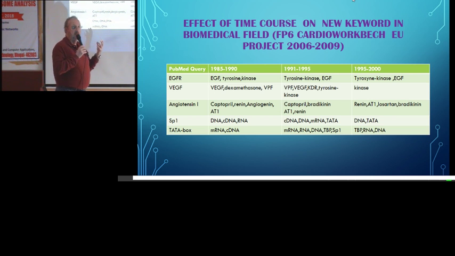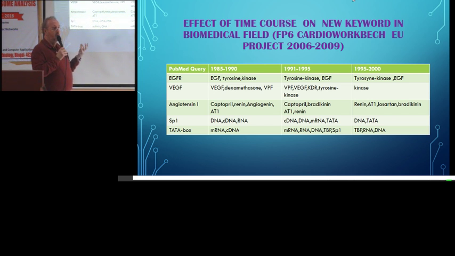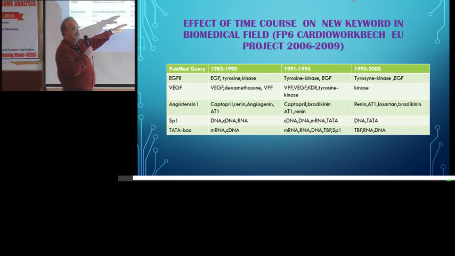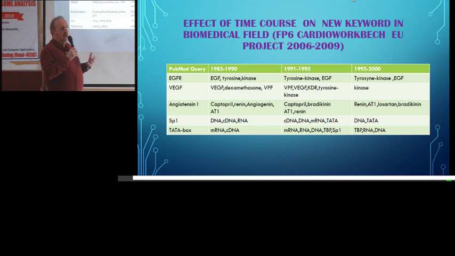This is a clue that people shifted from one field of analysis, or someone attempted some analysis on SP1 and mRNA, but at the end of the history, the surviving term in data bank, in terms of concept, is transcription.